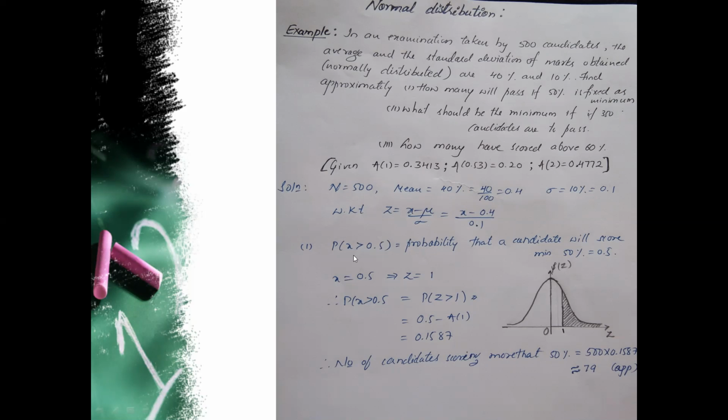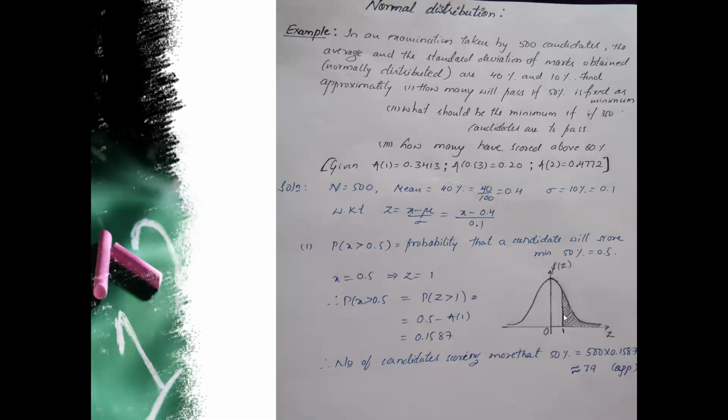Now we'll standardize this variate. X is 0.5. Substituting in the standard normal variate, we have 0.5 minus 0.4 divided by 0.1, so we get 1. Now the probability that x is greater than 0.5 is the same as the probability that z is greater than 1. Let us take this value as 1 under the normal curve.